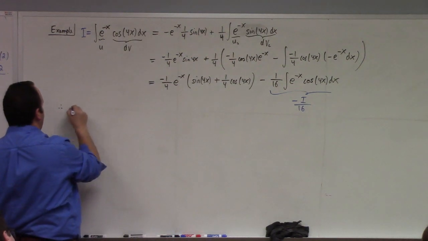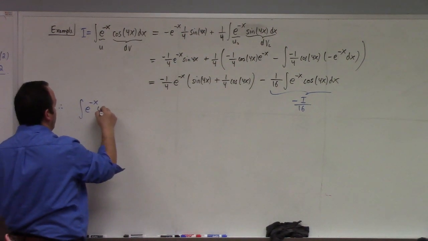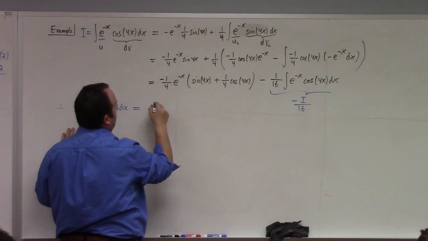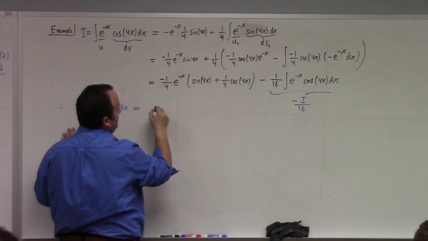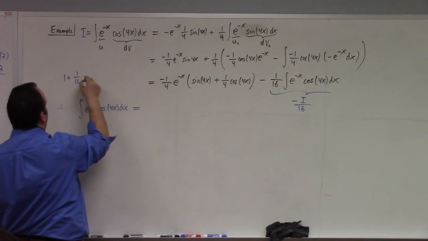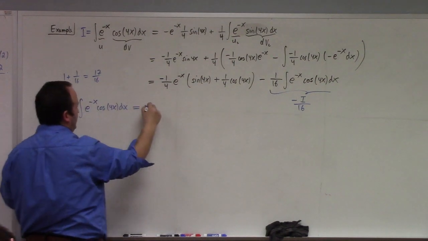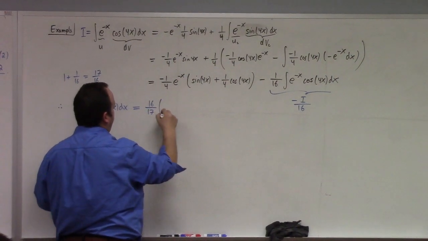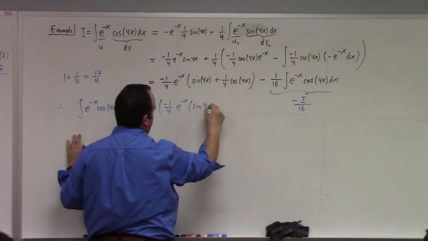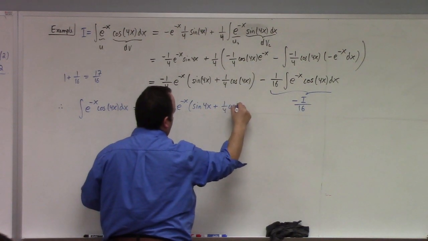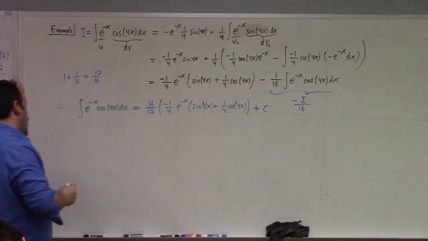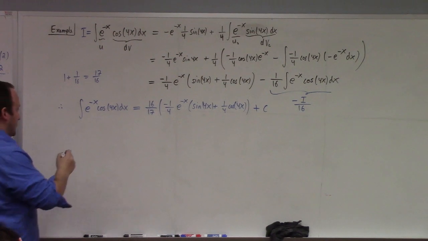So therefore, the integral of e to the minus x cosine of 4x dx is equal to, what's 1 plus 1/16? 17/16, so then we multiply, we have 16 over 17 minus 1/4 e to the minus x sine 4x plus 1/4 cosine 4x plus a constant. Which I suppose I could clean up a little bit.